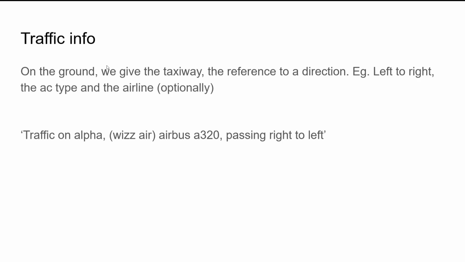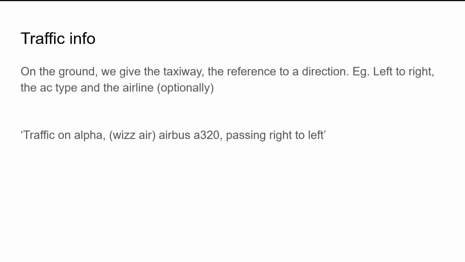On the ground, we give the taxiway, where they are going, and the aircraft type, and if you have the airline, then the airline. For example, if we're going to give traffic to a Southwest aircraft, for a Wizz Air, Southwest, I don't know, 1611, traffic on Alpha, Wizz Air Airbus A320 on Alpha, passing right to left.